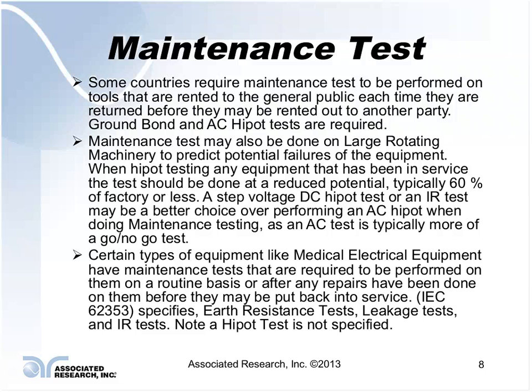Maintenance test is also done on some medical equipment, hospitals, this kind of thing. You see maintenance tests being done on large rotating machinery to try to predict potential failures of the equipment. This is where a lot of controversy has come in on doing AC Hipot testing on large, say, AC motors.